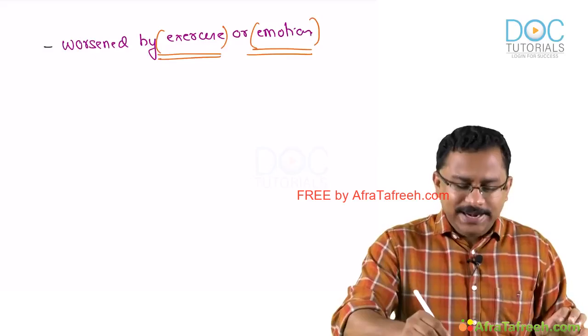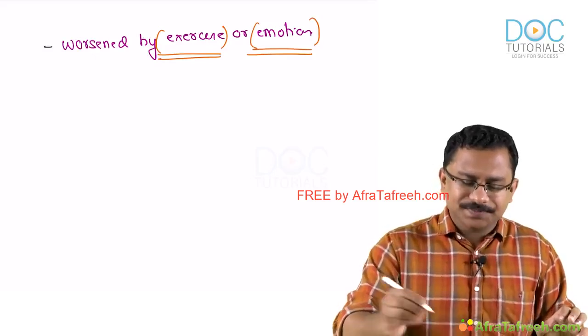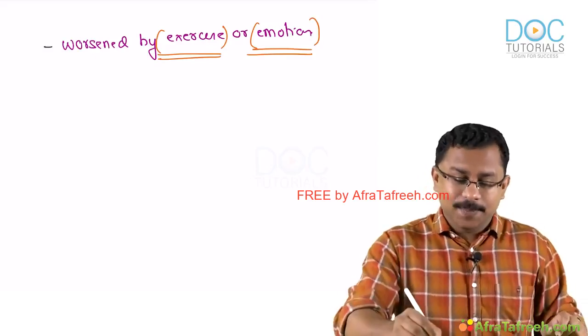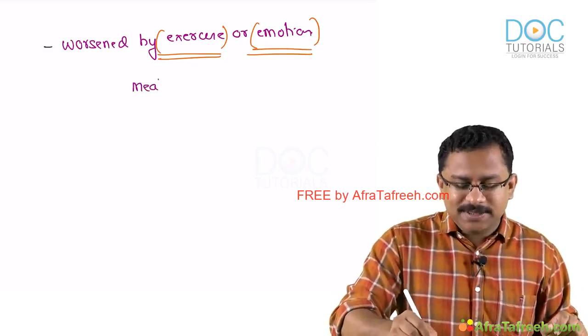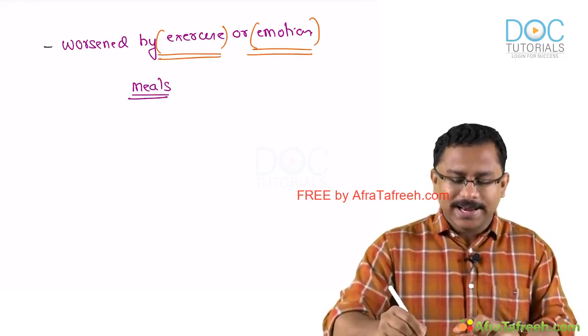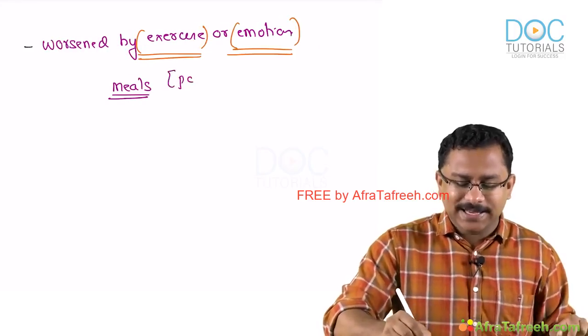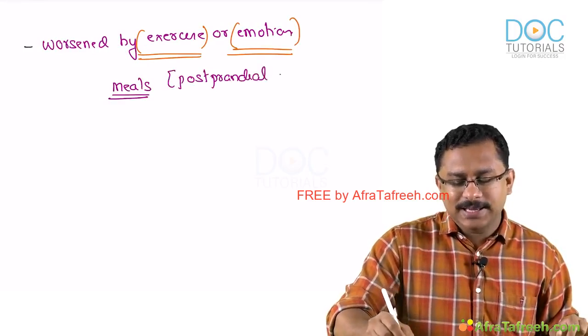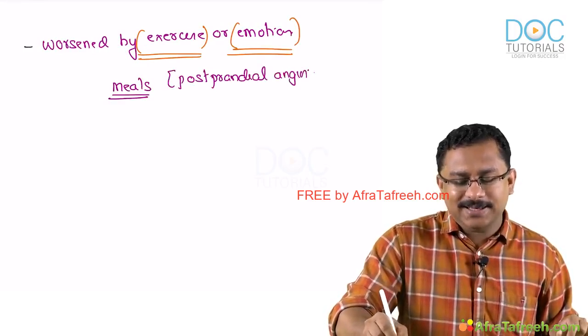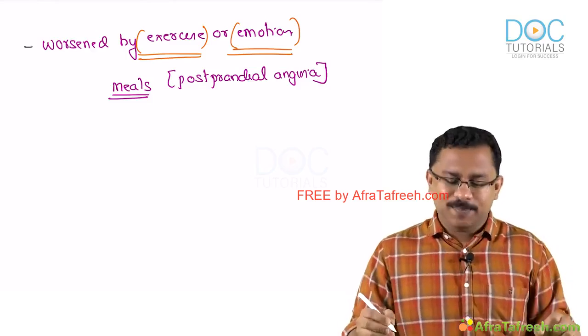In addition to exercise and emotion, you can have other precipitating factors as well, like meals. Okay, you can have a postprandial angina; meals can often act as a trigger for this anginal episode.